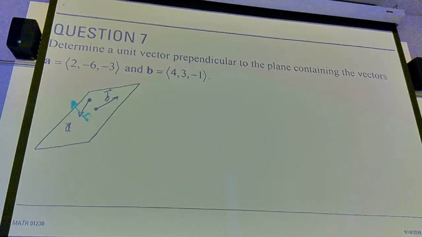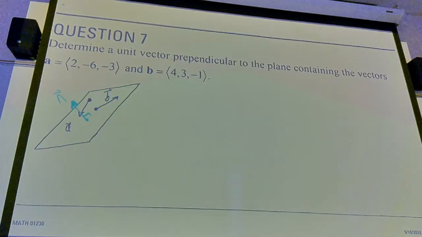Let's call that vector N. Let's say that vector is perpendicular to the plane. Then what can we say about that vector with A, for instance? How would N and A be related? Orthogonal. They would also be perpendicular. What about N and B? Would also be perpendicular.